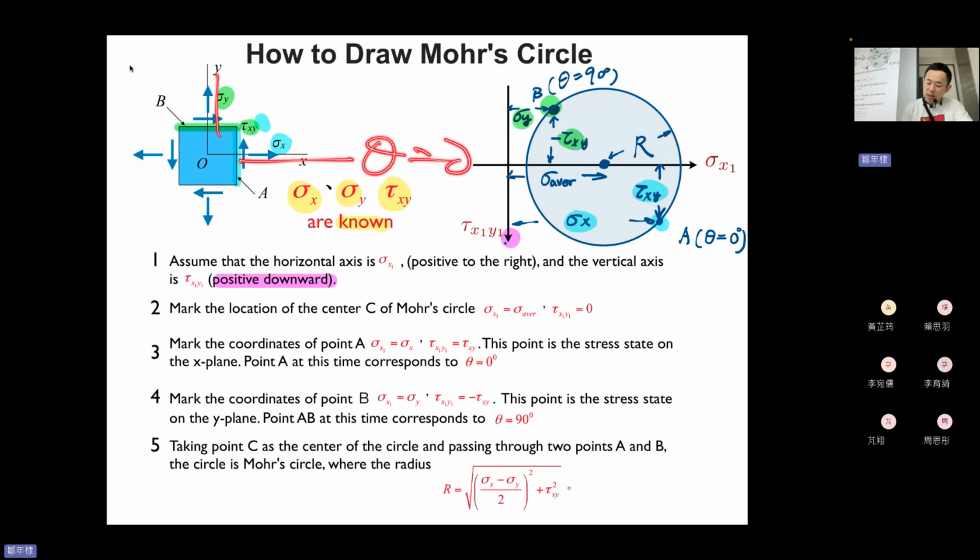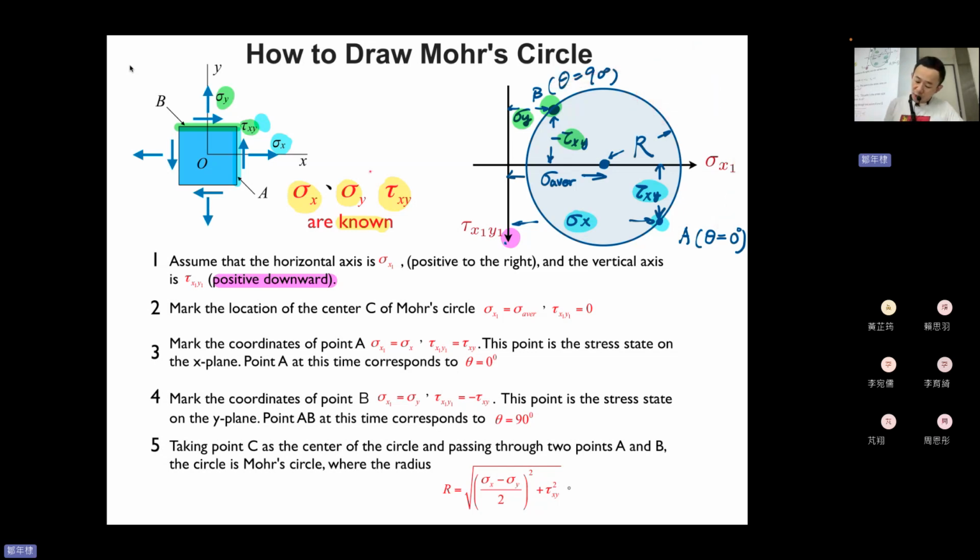Theta equal to 0, this is theta equal to 90 degrees. So this is kind of counterclockwise. So you see, in the circle space, theta equal to 0 to 90 degrees is 2 theta, it's 180 degrees in the circle space.